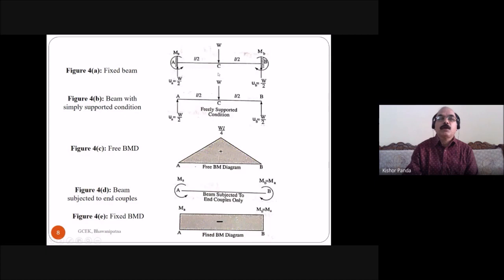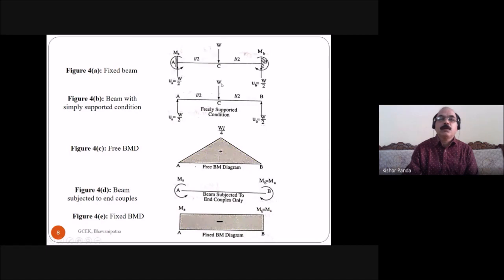By considering this load, first you draw the free bending moment diagram. This is the beam with the simply supported condition, and this is the free bending moment diagram, also called the simply supported bending moment diagram. So you know what the reactions are in the simply supported condition.